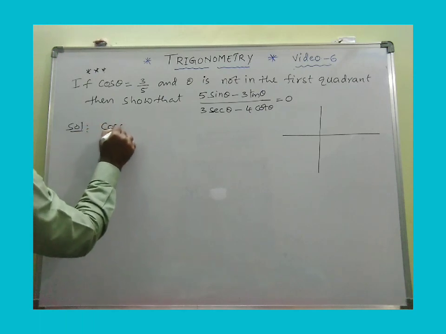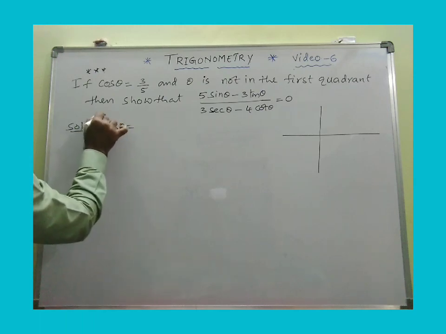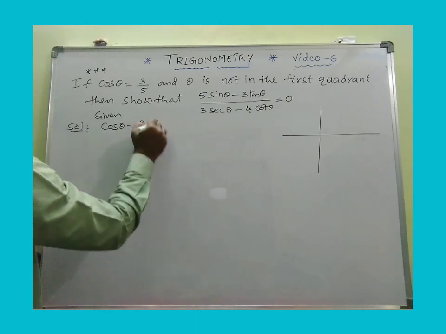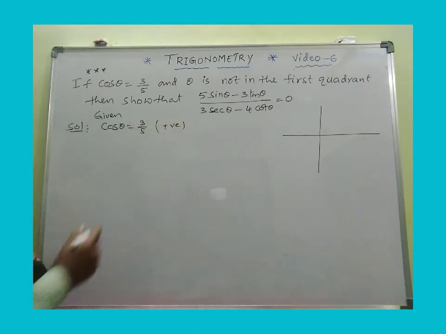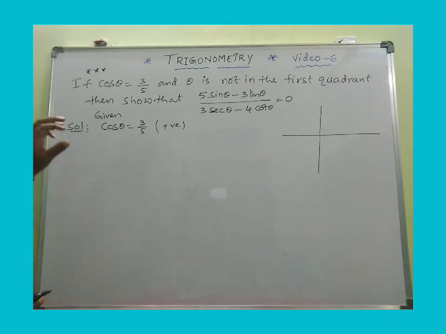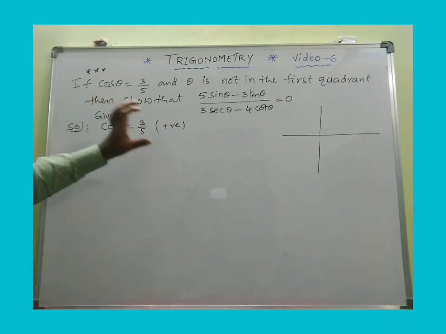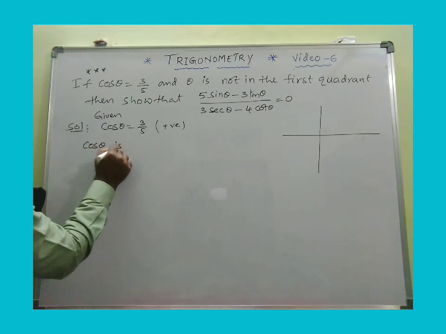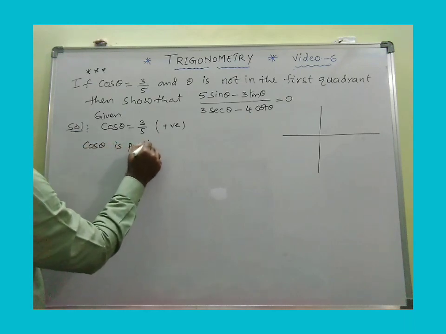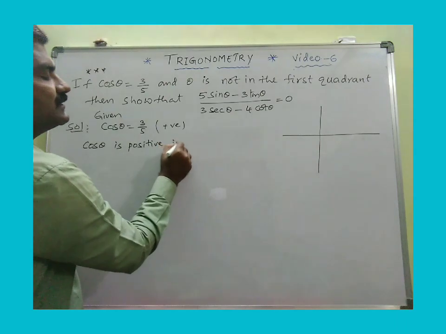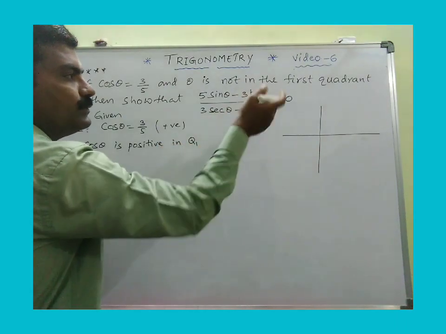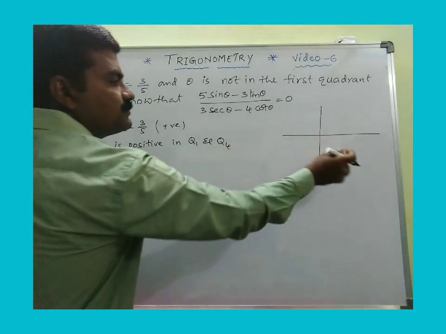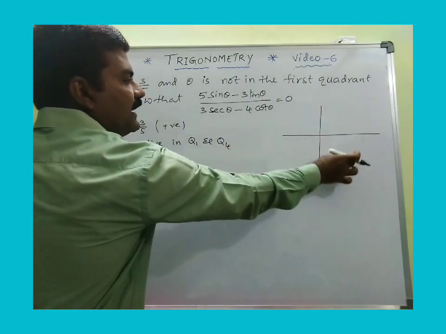Given that cos theta is equal to 3 by 5. Clearly 3 by 5 is positive, isn't it? So first you must understand where cos is positive. Cos theta is positive in quadrant 1, where all are positive, and moreover in the fourth quadrant. Cos is positive in 1 and 4.